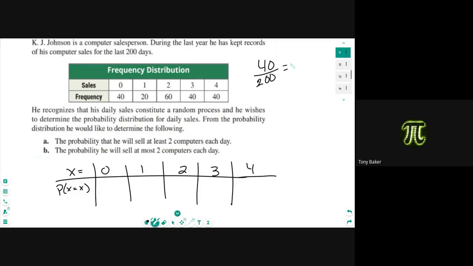So 0.2. 20 divided by 200 is 0.1. Because these decimals end and are exact, they're easier to use as decimals. 0.2 and then 0.9. So those are my probabilities that each of those events will occur.